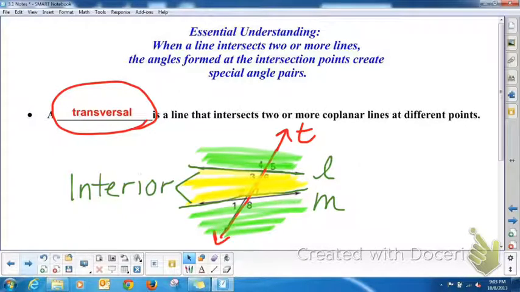And these angles are called the exterior angles. So we have 8 angles that are created when two lines are cut by a transversal, and 4 of them would be on the interior and 4 of them on the exterior.